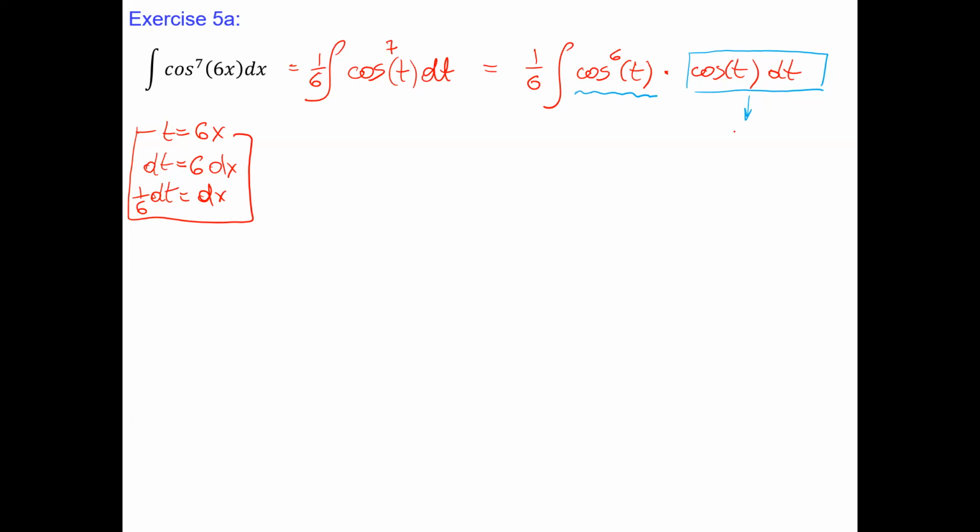I really want this to be du, but then I need the entire integrand, except this one, to be rewritten in terms of sine. Let's try. I know cosine square of t can be rewritten in terms of sine, but then this will be cubed. And let's just still copy cosine of t dt.